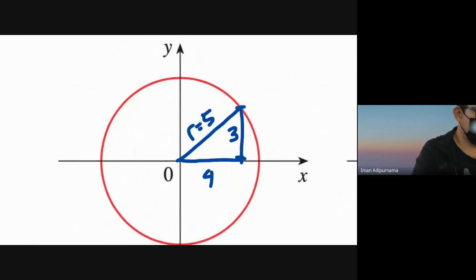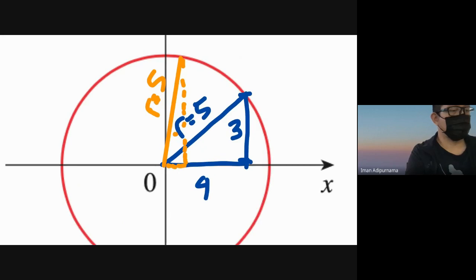If I take another radius probably here, this is the same radius 5. But if you look here at the yellow triangle, the dy is increasing, but dx is decreasing.